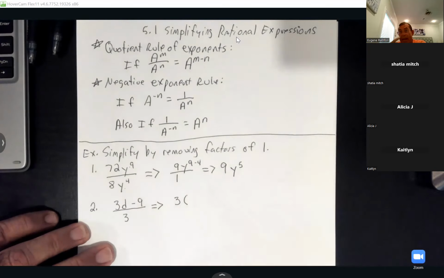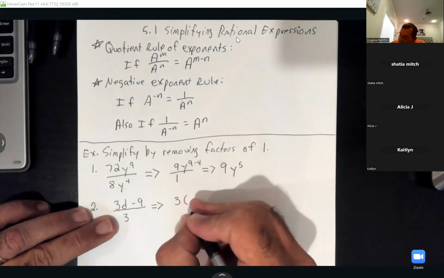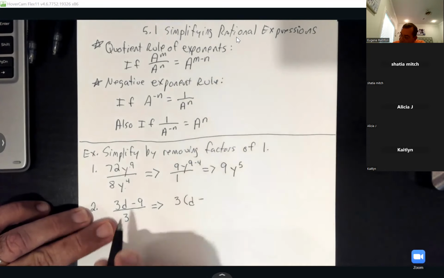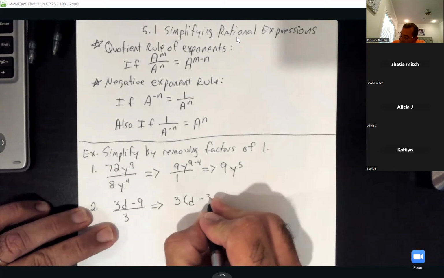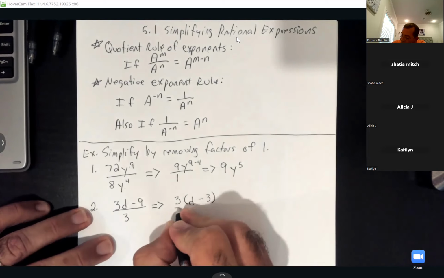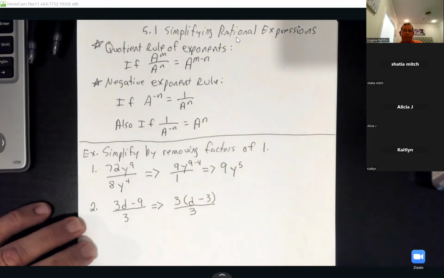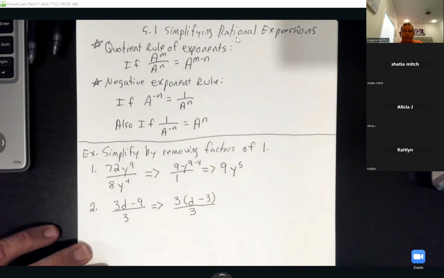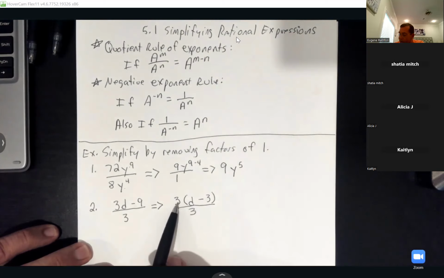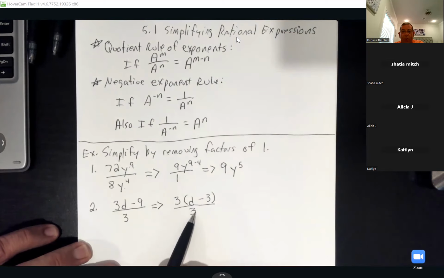So this is going back to last test you had. Now, if you divide a 3 out of both of these, that'll leave you a 1d minus 9 divided by 3 leaves me a 3. All of that over a 3. So now you got a 3 on top and a 3 on bottom.